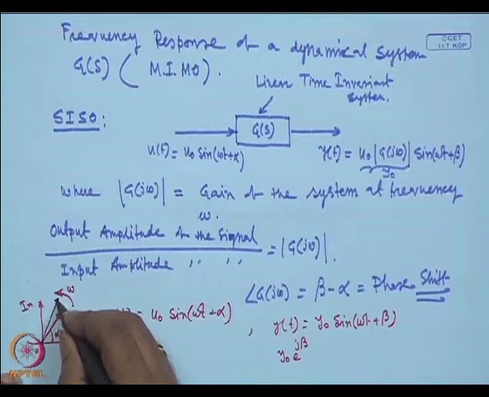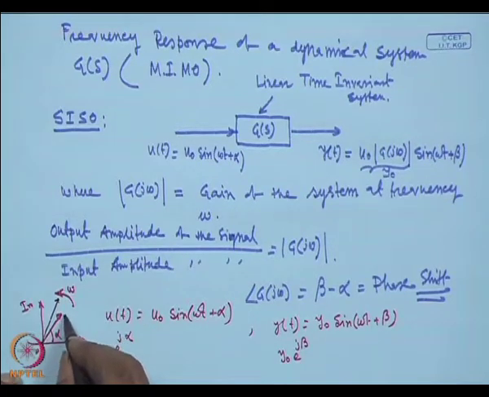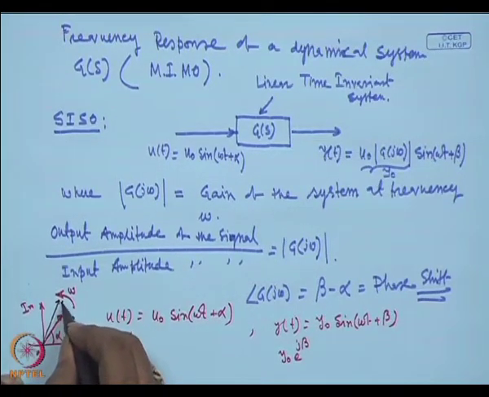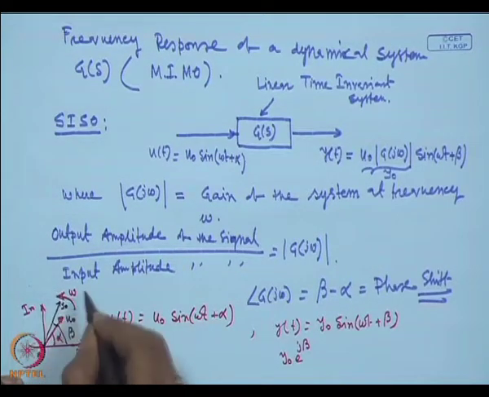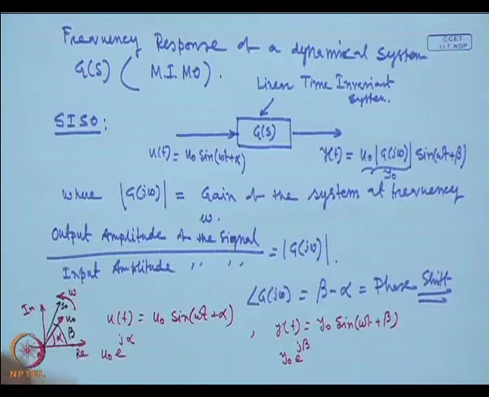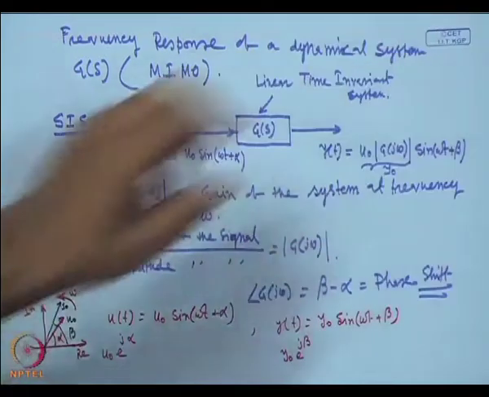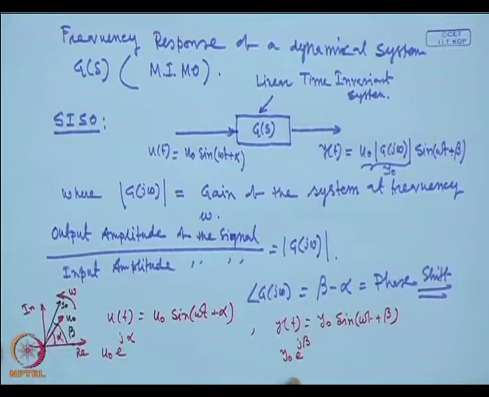This is u0, this is y0, and that is also rotating with the angular velocity ω. If you see the ratio of these two phasor quantities, y0 by u0, the phase angle will be β minus α.